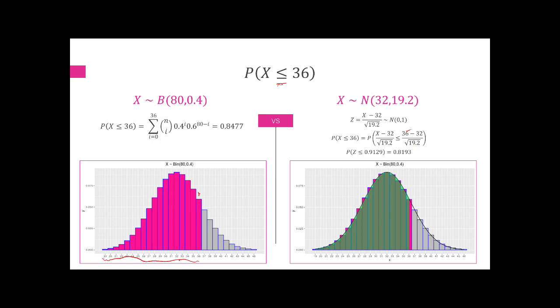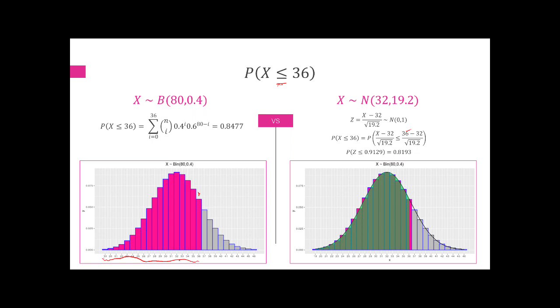And we get 0.8193. So once again, we've got the first decimal place correct, and it's not exactly equal, and it's not really close after the first decimal point.